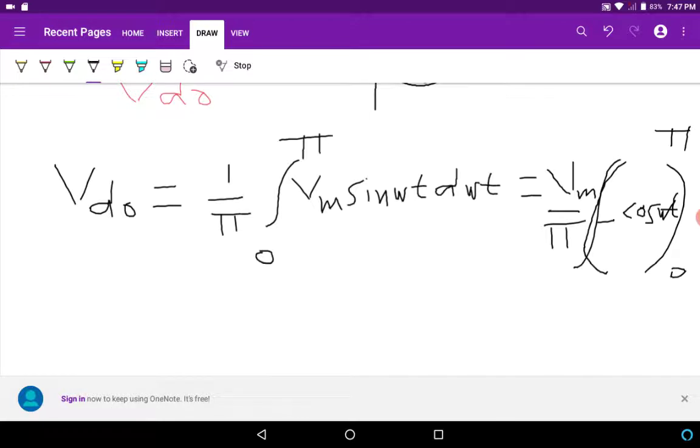If you substitute the limits, you get the answer as 2 Vm by pi. So VD0 is 2 Vm by pi. This is the advantage of the full bridge rectifier: the DC voltage output is twice Vm by pi.